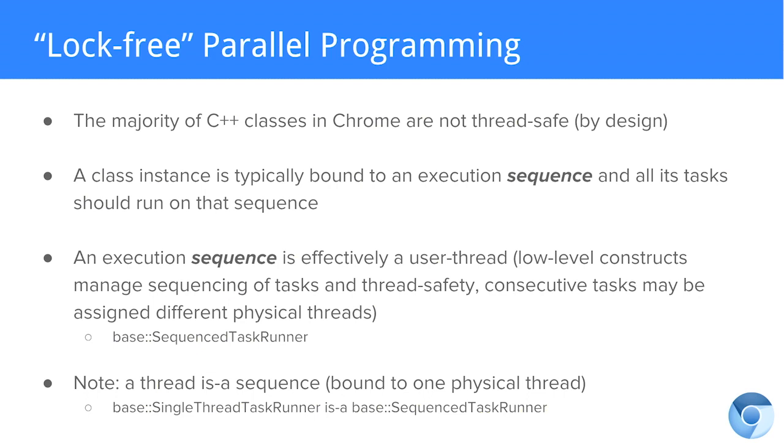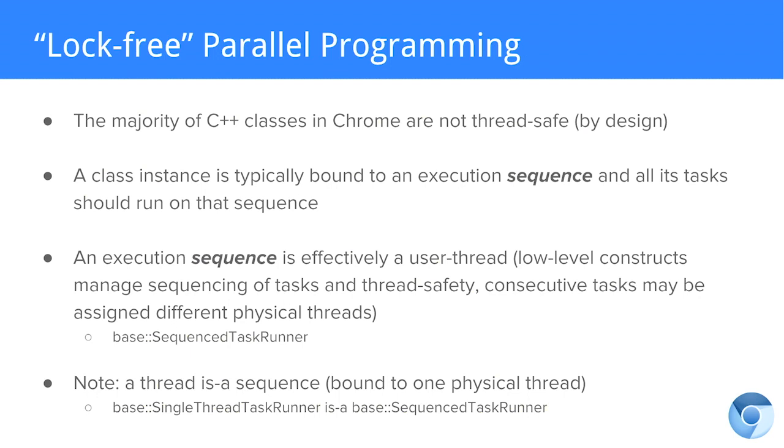A sequence you can think of as effectively a user thread. It's not a physical thread, but the Chrome low-level bits, like the TaskScheduler, will make sure to organize your tasks in a way that it might hop threads, but the tasks are going to be sequential, and there are going to be memory barriers in between, so you're always going to see the effect of a previous task. Effectively, you don't have to worry about this. Things are going to be sequential. You don't have to do thread safety.